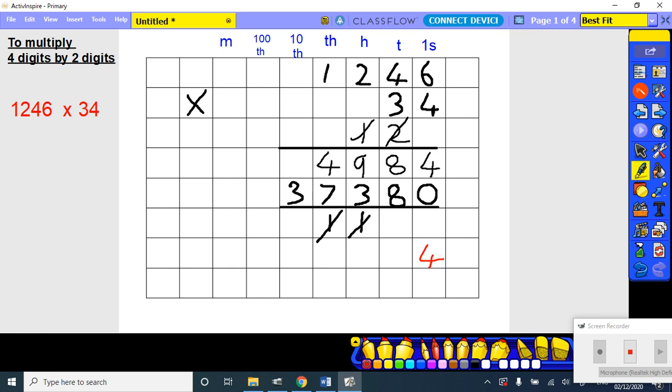We can then move on to the tens column, and we've got 8 lots of 10 or 80, add another 8 lots of 10 or 80, and that gives us 16 lots of 10, which is the same as 160. So our 6 goes in the tens column, and we'll move the 100 into the hundreds column. We can then add our hundreds column.